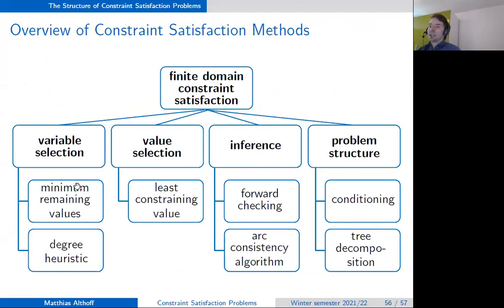This was not possible, for instance, if you start from scratch with a new problem, then you need the degree heuristic. The degree heuristic chooses the variable with the most constraints. However, the degree heuristic can also be used later on, not only when you start.